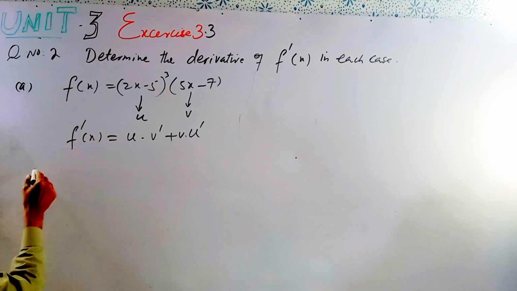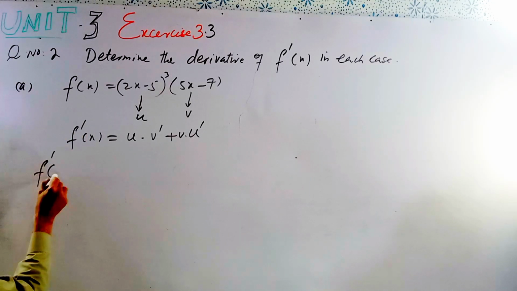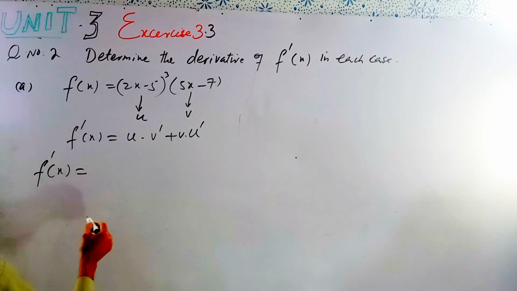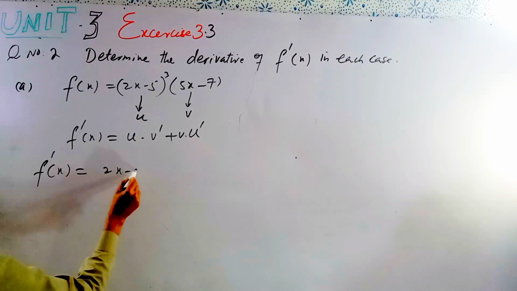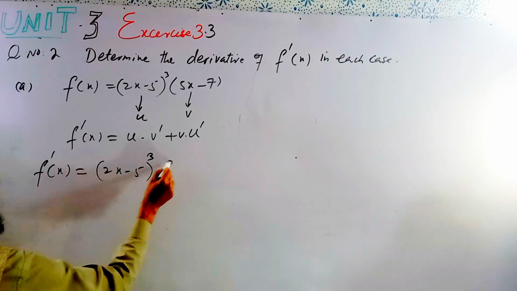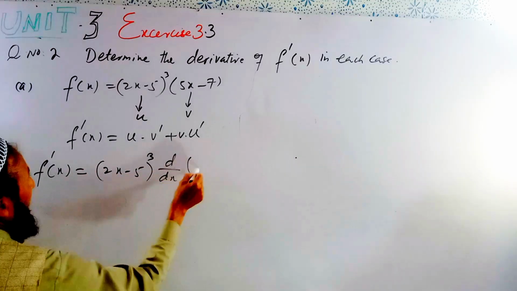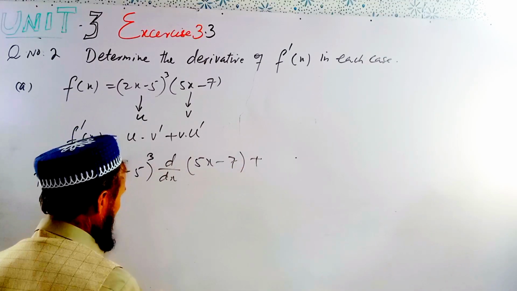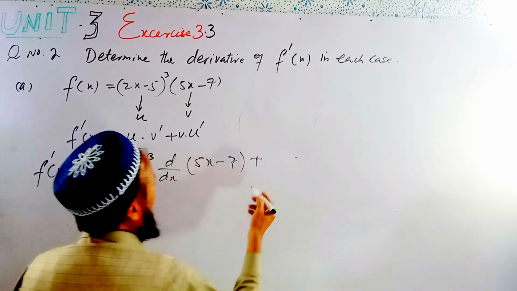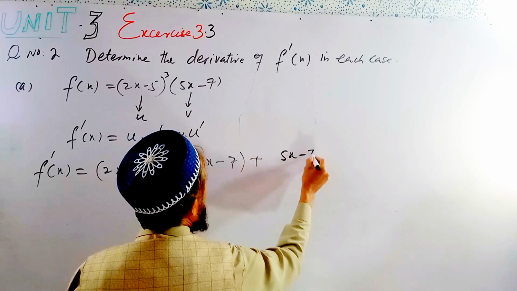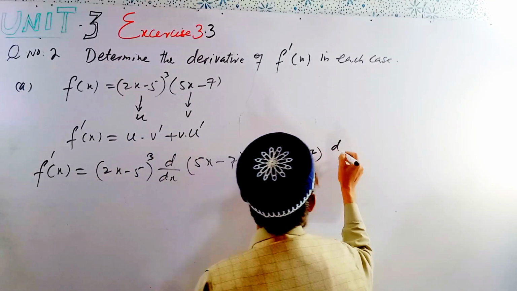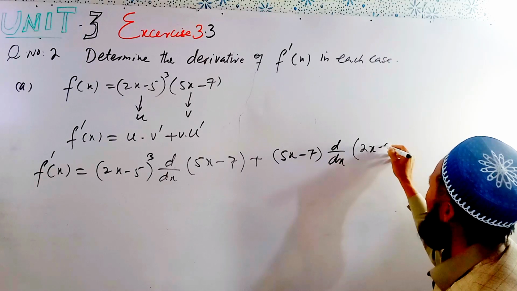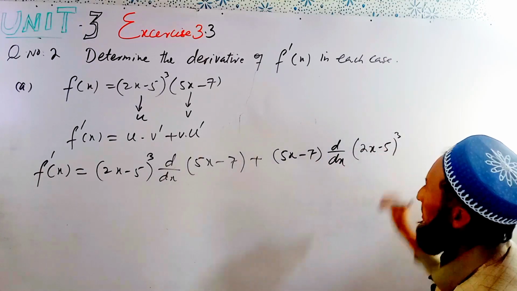So differentiating both sides, f dash x is equal to: we consider u as (2x minus 5) whole power 3, and the derivative of 5x minus 7, plus 5x minus 7 times the derivative of the u function. The u function is (2x minus 5) whole power 3.